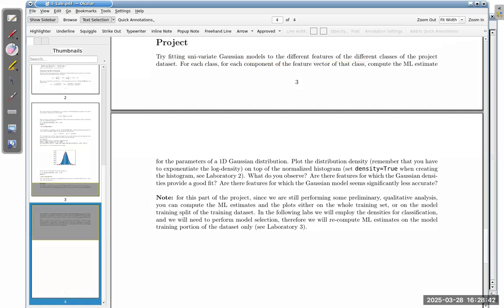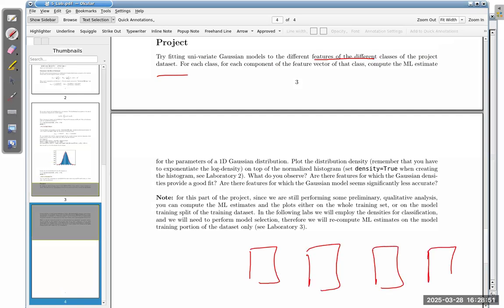And what we will do is we will try to take each feature. Remember that in the first laboratory you were plotting the histograms of the feature of each class. So you were considering each feature independently and plotting the histograms of each feature. So feature 1, then feature 2, and so on.